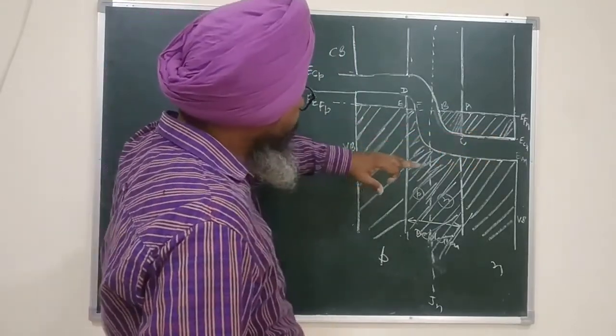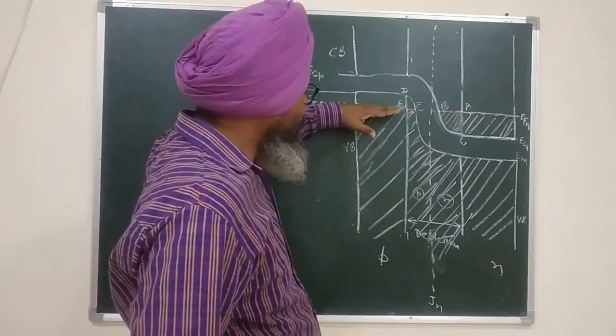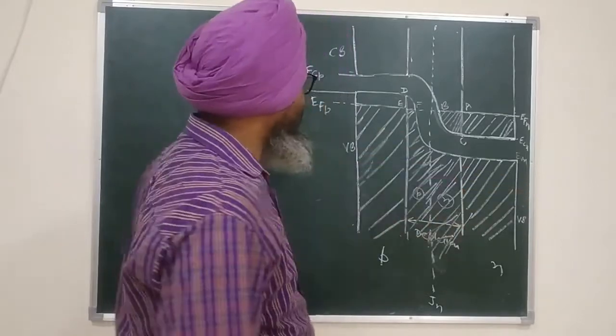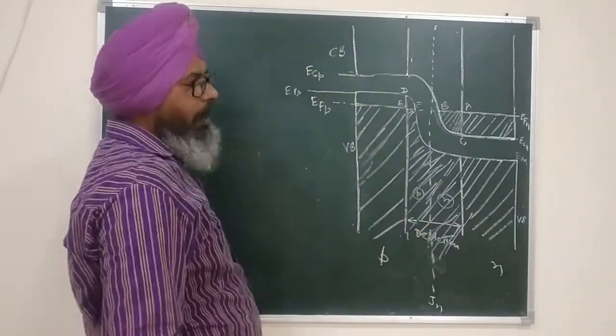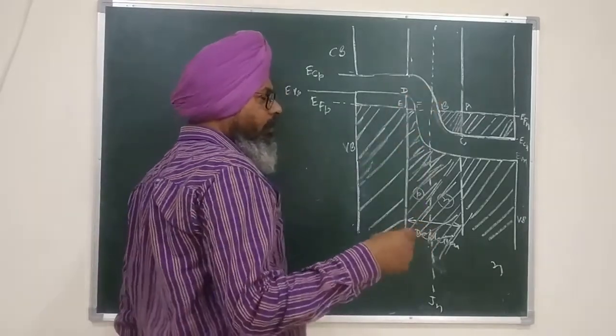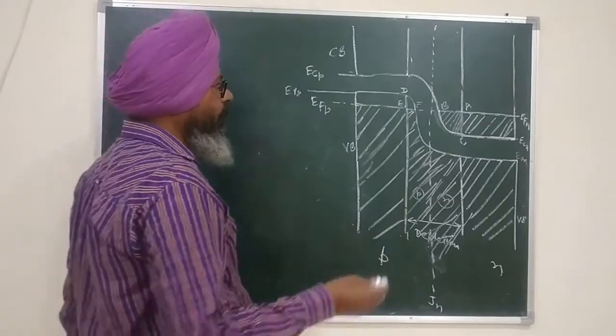And again, please remember, whether it is N type or P type, all states below Fermi are filled. You can see I have shaded them. And all states above Fermi are empty. You can see the triangle, I am deliberately using the word triangle, please forgive me.